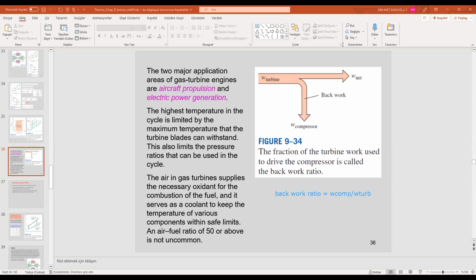Okay, I am not getting any answer. Let me answer it for you. We want to minimize the back work ratio, right? Because we want to use less work for the compressor so that net work is maximized.